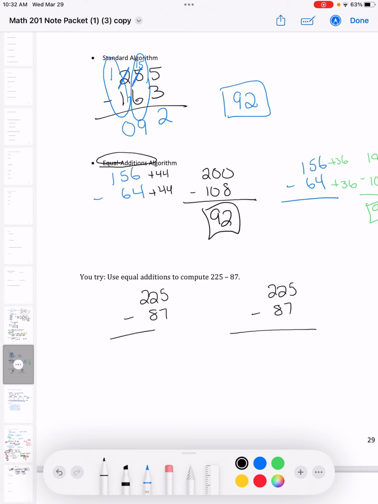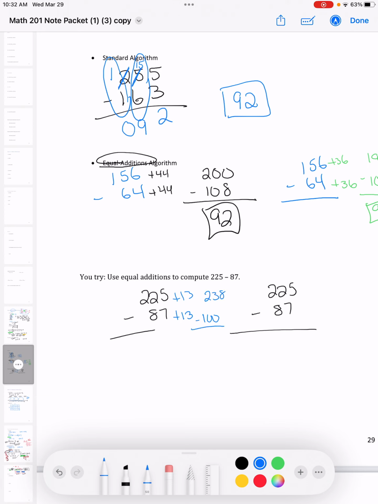All right. Coming back from pause, let's see how you did here. I'll work it two different ways. There are so many different ways that you could work it. So one way is you could make this 87 turn into 100. And what you do to one, you have to do to the other.